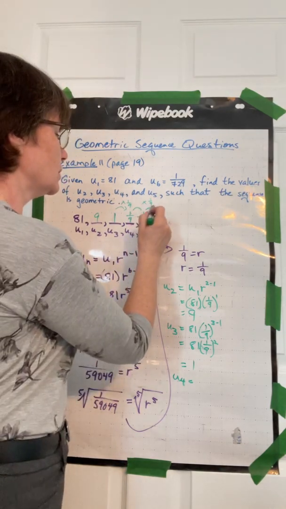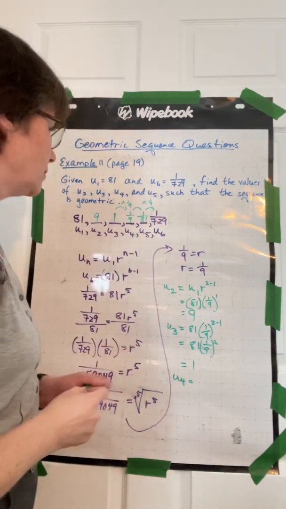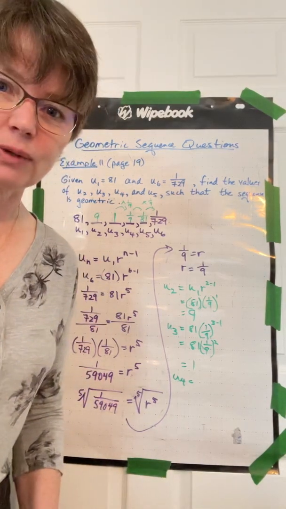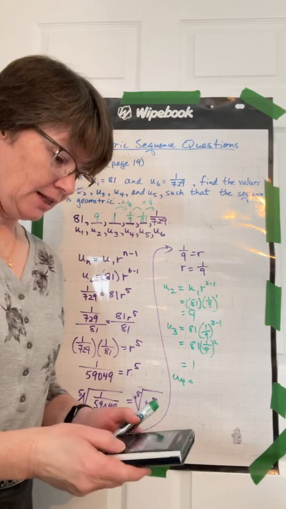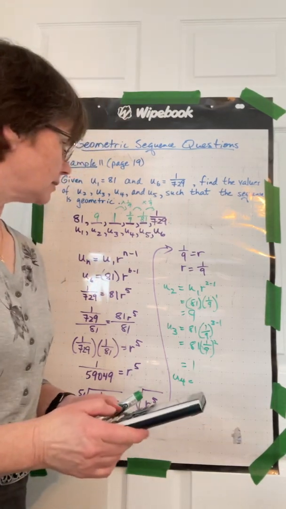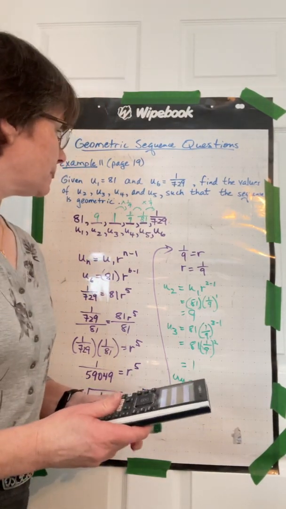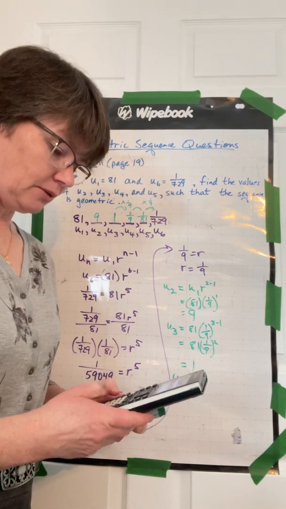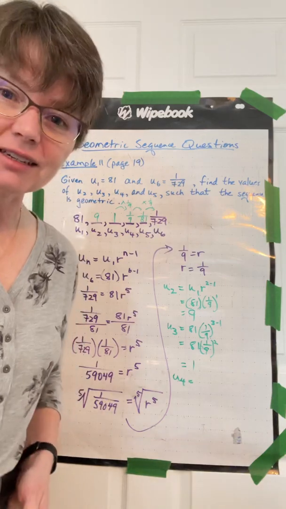And then this number, again multiplied by 1 over 9, gives us 1 over 729. I just want to double check that again to make sure that 81 times 9 is indeed 729, and it is. Excellent. There's example 11.